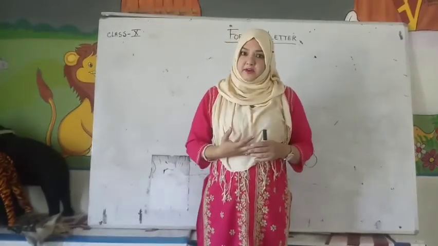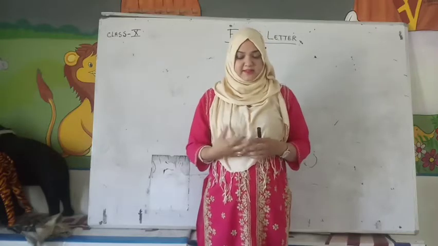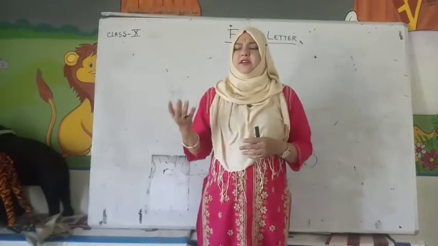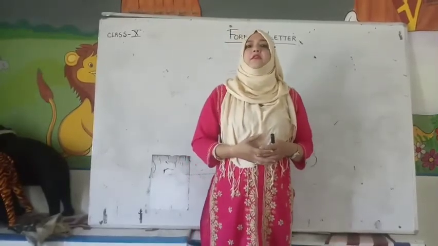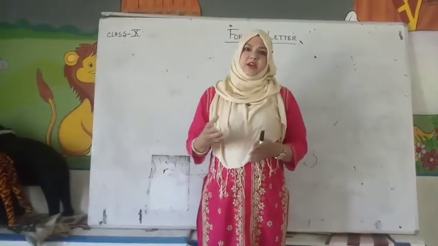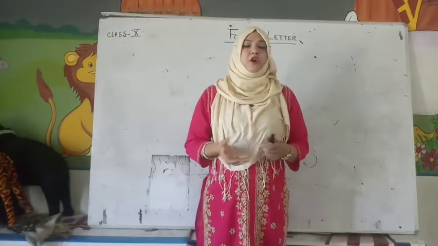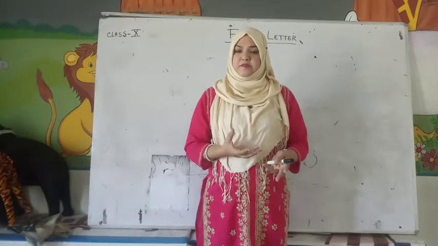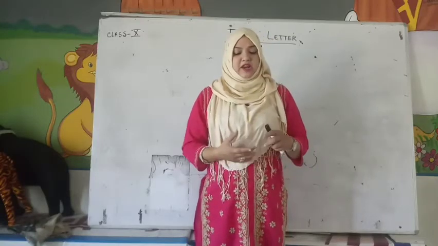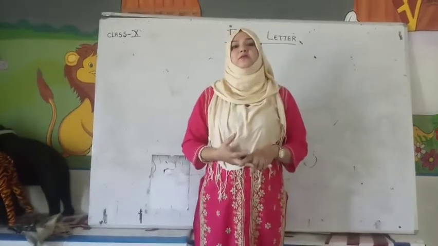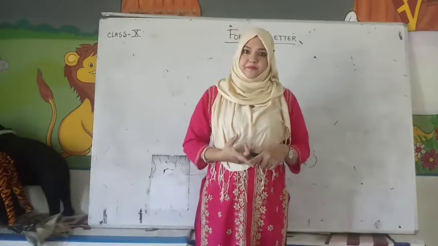Then placing an order, when you have to place an order. It can be for stationery, it can be for furniture, it can be for different items, even for hospital, you can have hospital items. So we'll have that letter, and then last we have the letter to the editor.